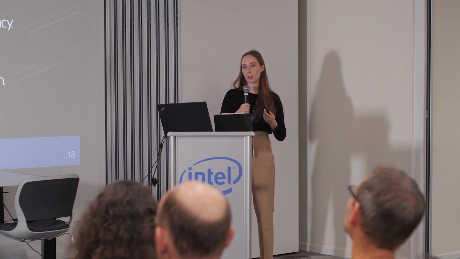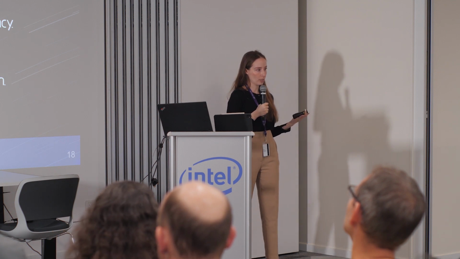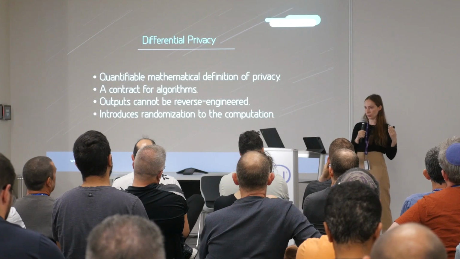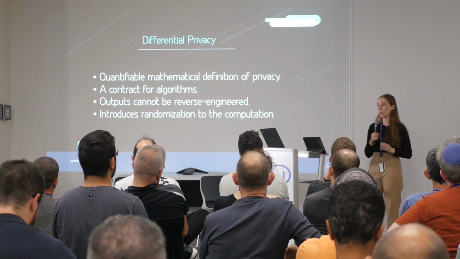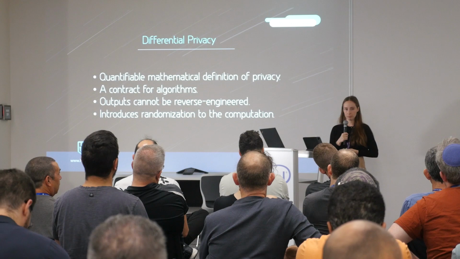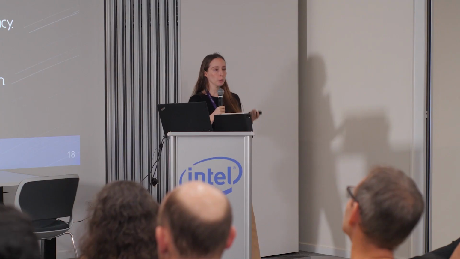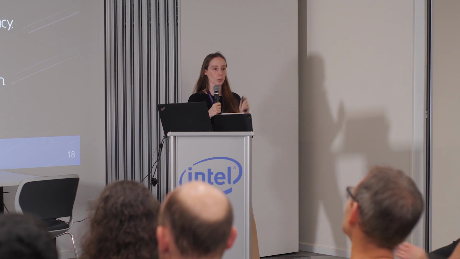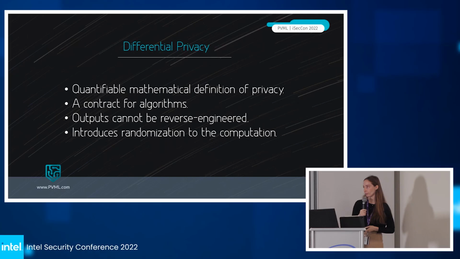You can also think of differential privacy as a contract signed between the algorithm and every single data record, guaranteeing that the algorithm will not overly rely on the single record when producing the output. In other words, the output probability will remain the same, whether every single individual was part of the data or not.